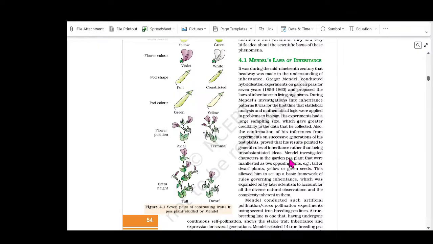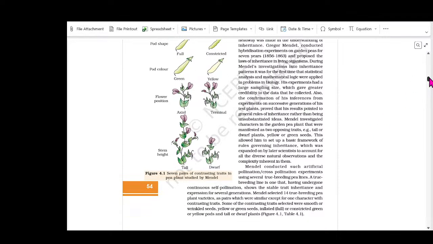Mendel investigated characters in the garden pea plant that were manifested as two opposing traits. Example, tall or dwarf plants, yellow or green seeded. This allowed him to set up a basic framework of rules governing inheritance, which was expanded on by later scientists to account for all the diverse natural observations and the complexity inherent in them.